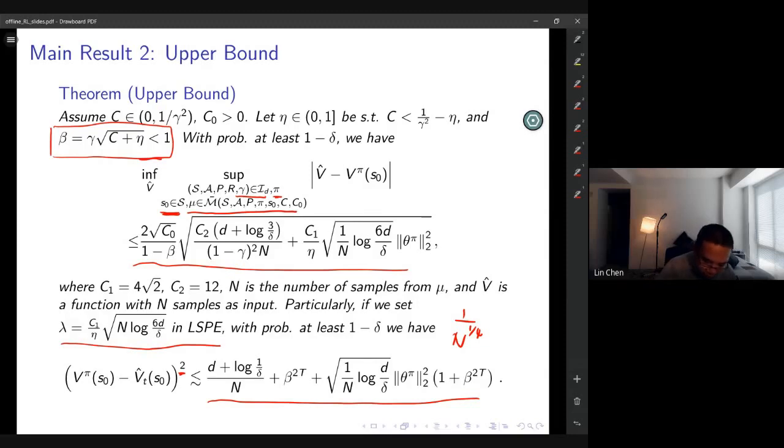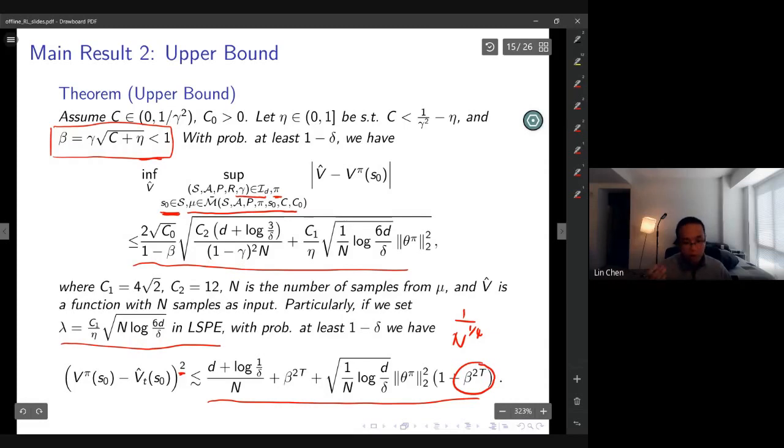So there is a term here. That's why it's very important to make beta less than 1. If we can make beta less than 1, then some term will go to 0 as t goes to infinity.